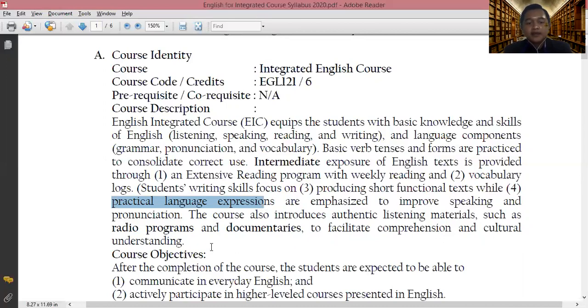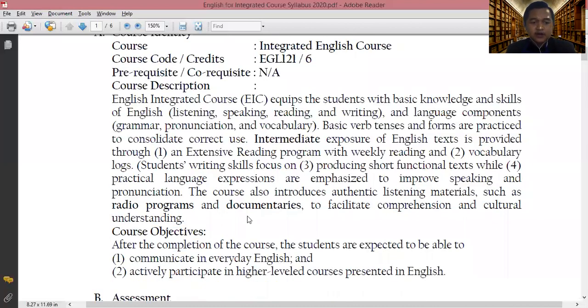So, in the classrooms, you're asked to improve your speaking and pronunciation, perhaps with me or with Guru later on. So, lastly, the course also introduces authentic listening materials from radios, from announcements, and later on from radio programs and documentaries to facilitate comprehension and cultural understanding. Okay, I will explain this later on the topics of each week.